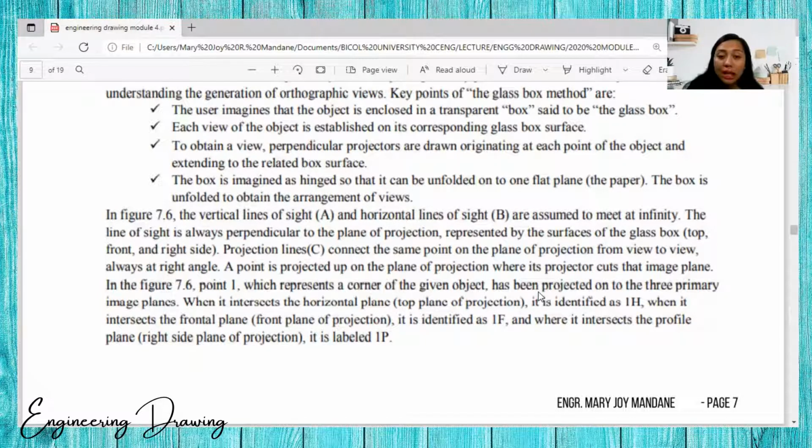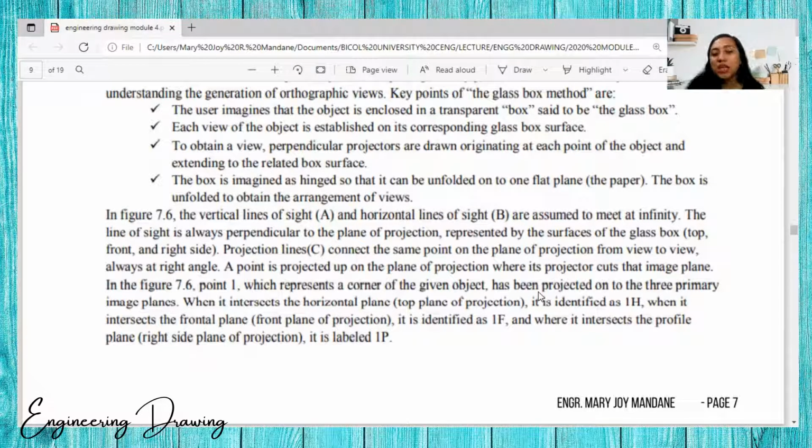The projection lines connect the same point on the plane of projection from view to view, always at right angle. A point is projected on the plane of projection where its projector cuts the image plane. In figure 7.6.1, which represents a corner of the given object has been projected on the three primary image planes.